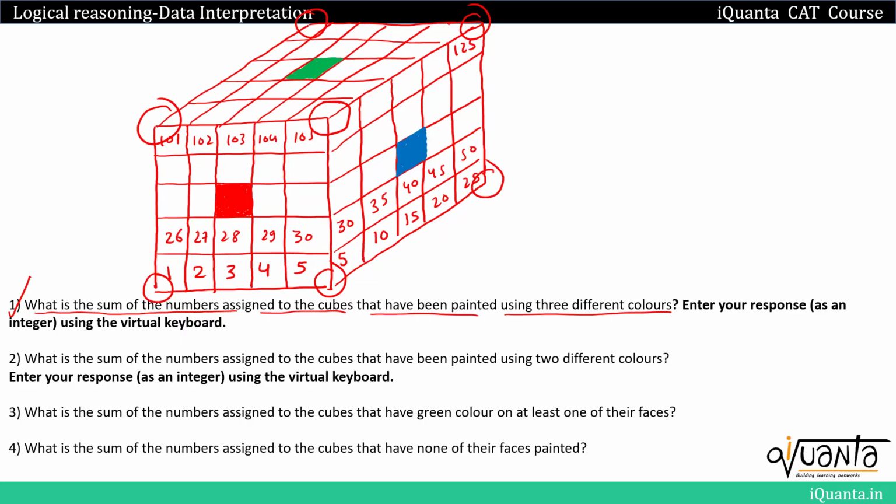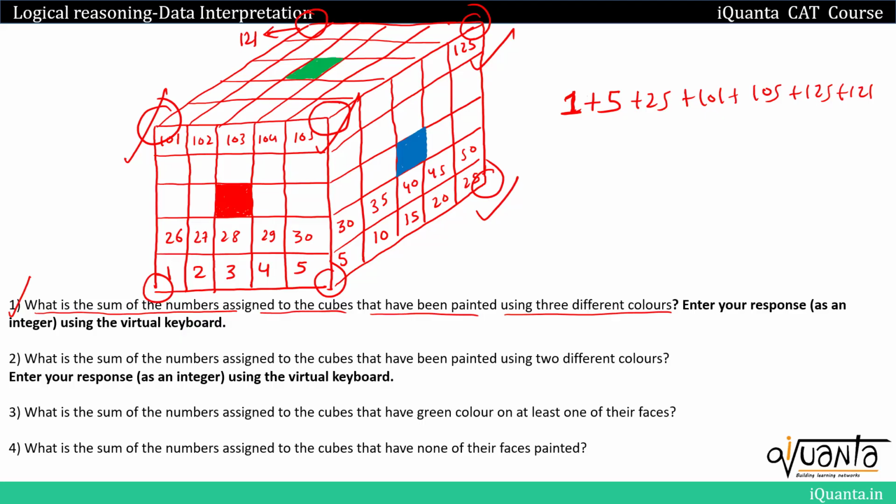So the first such cube has number 1, and the second such cube has number 5. Then we have number 25 on this cube, and we have 101 on this cube. Then we have 105 on this particular cube. Then we have 125 on this particular cube. We'll have 121 on this particular cube.